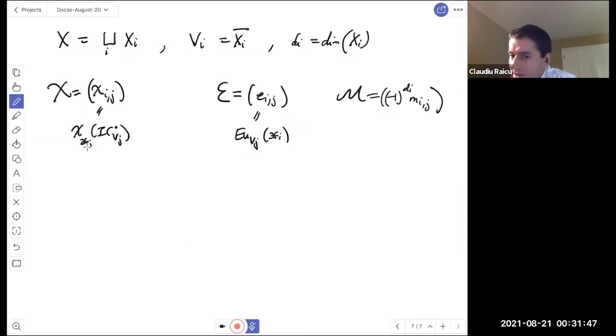So these m_ij give you the singular support: it is the sum of m_ij times the conormal bundles. Just a matter of terminology, these are usually called microlocal multiplicities.